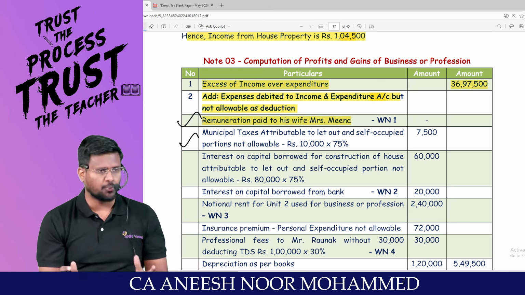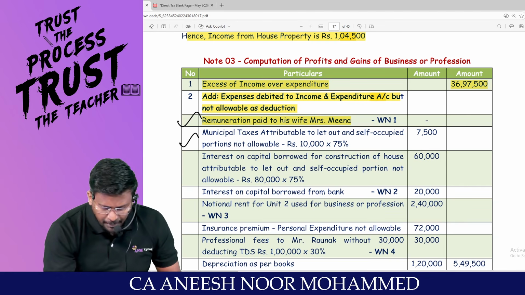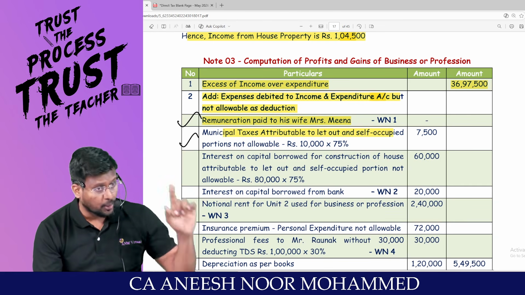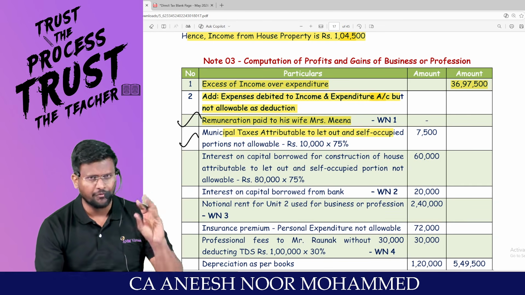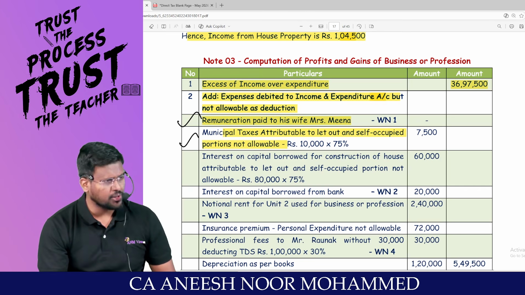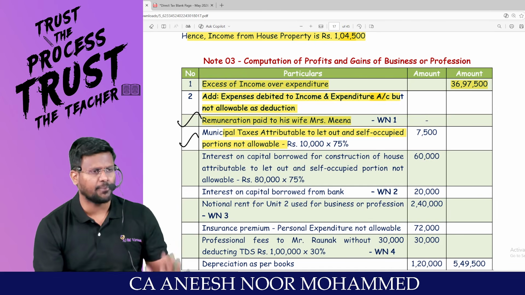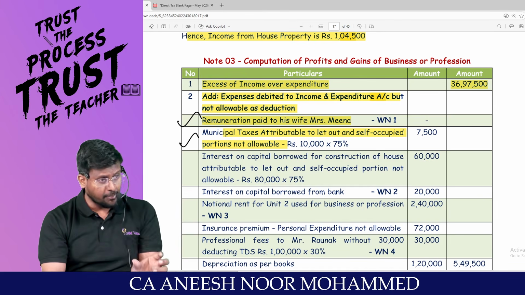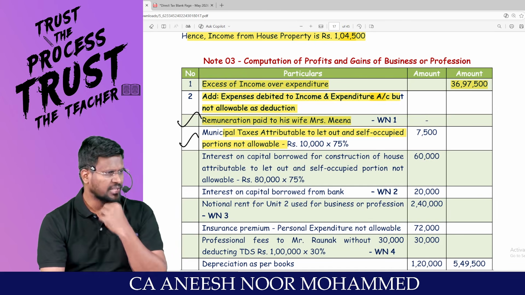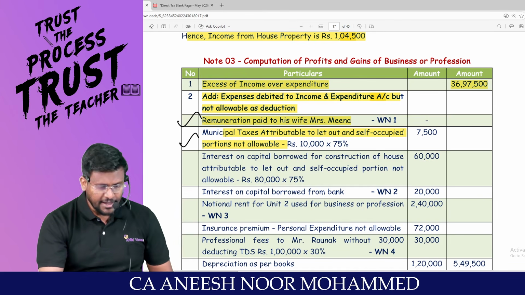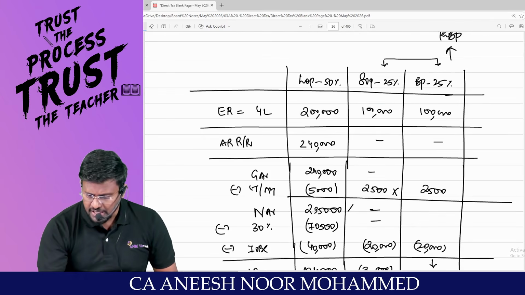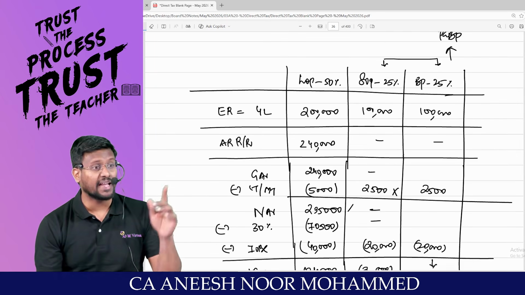I love this point. For example, municipal tax attributable to let out portion. How much portion let out? 50%. And self-occupied portion? 25%. Total? 75% should be added back, because the remaining 25% is for business. That can be claimed as deduction under PGBP, because this 25% was blank in the IFHP.